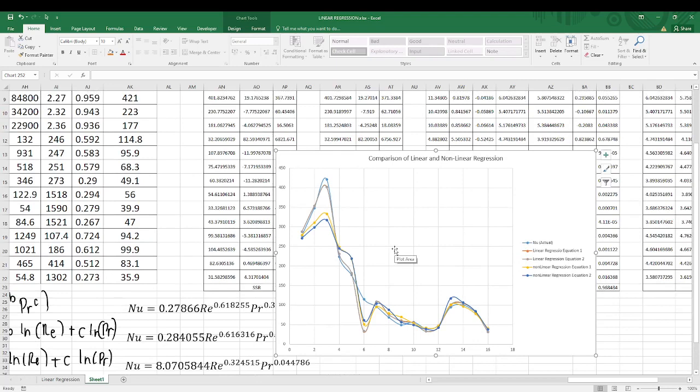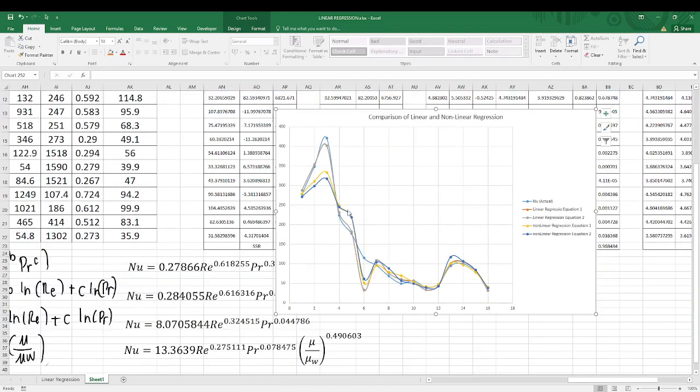Based on the result, mas nilayo na noon ang nonlinear regression. As you can see, mas layo diay.